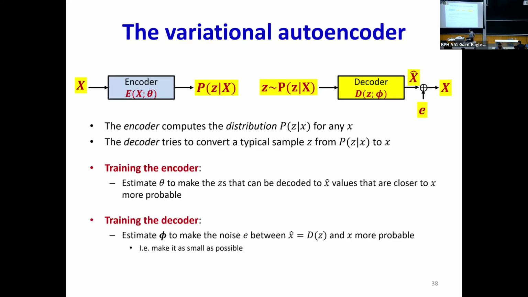And for the decoder, you want to estimate the decoder parameters phi such that when I draw samples from this distribution of z's and try to convert them to x, the amount of noise that I add is minimized, right? Make it as small as possible. Again, this makes sense? The overall layout over here.